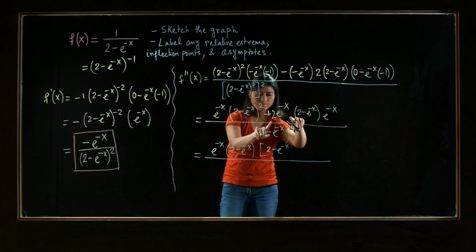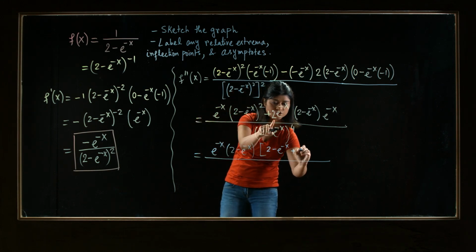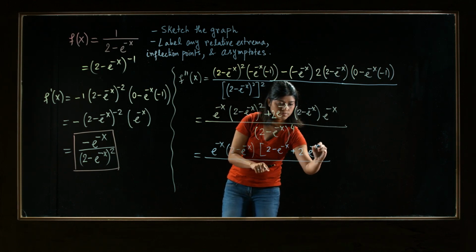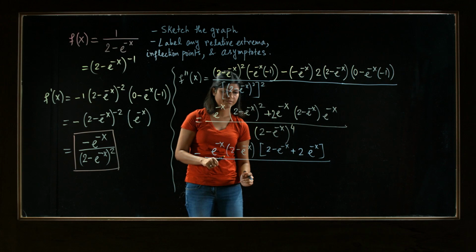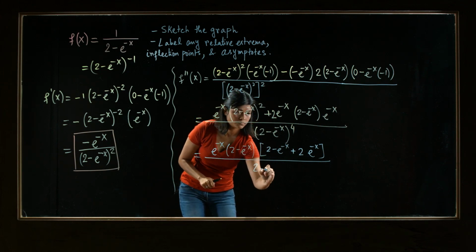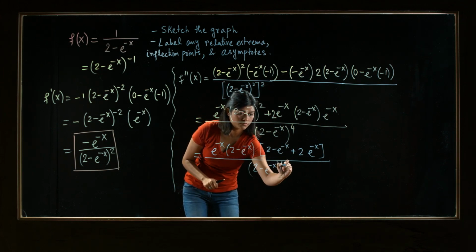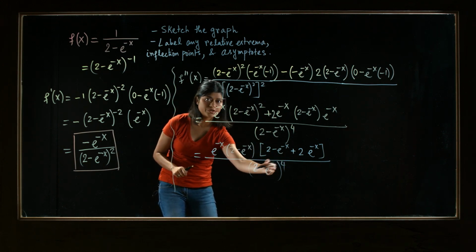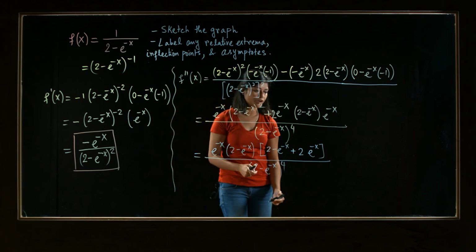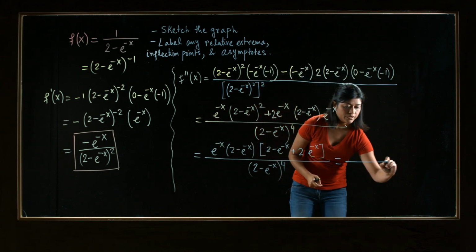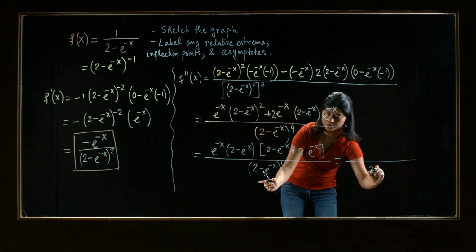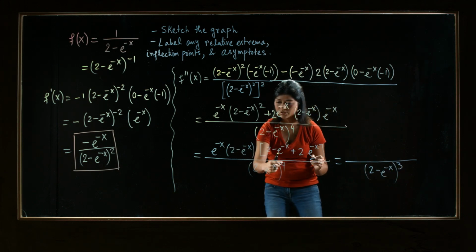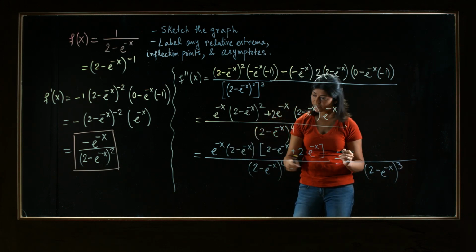From the second term, we have plus this 2 and one of these e to the negative x, because we have taken out 1 as a common factor. The denominator remains the same. See, we have the same factor in the numerator and denominator, so we can cancel out one of them. And in the denominator, then we have 2 minus e to the negative x, cubed, because we're canceling one of the 2 minus e to the negative x factors.